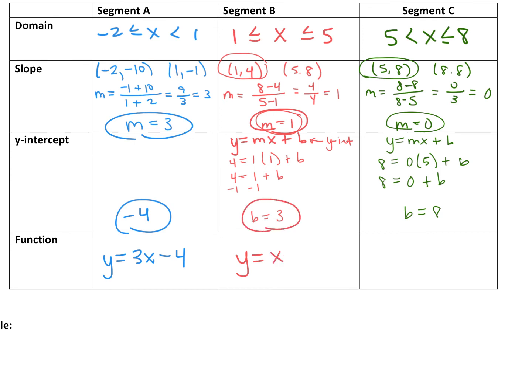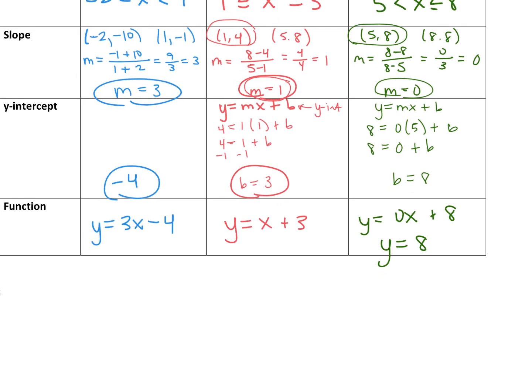And then the y-intercept is 3, so plus 3. Again, I'm just plugging into y equals mx plus b. And then segment C, y equals, our slope is 0, so 0x plus our y-intercept is 8. And that 0 times x simplifies away, so you are left with just y equals 8.